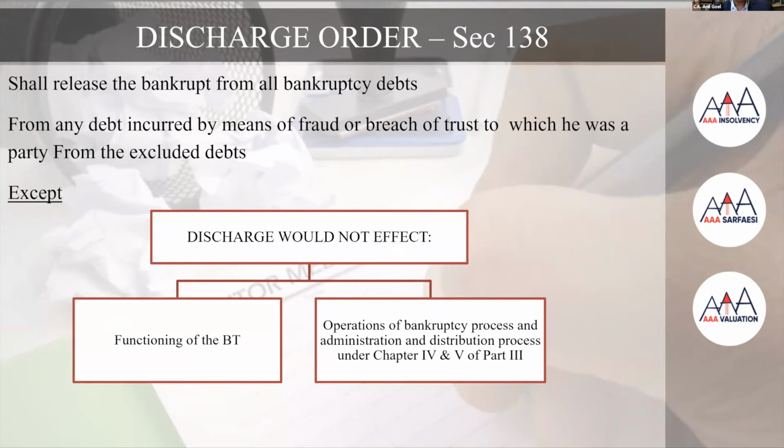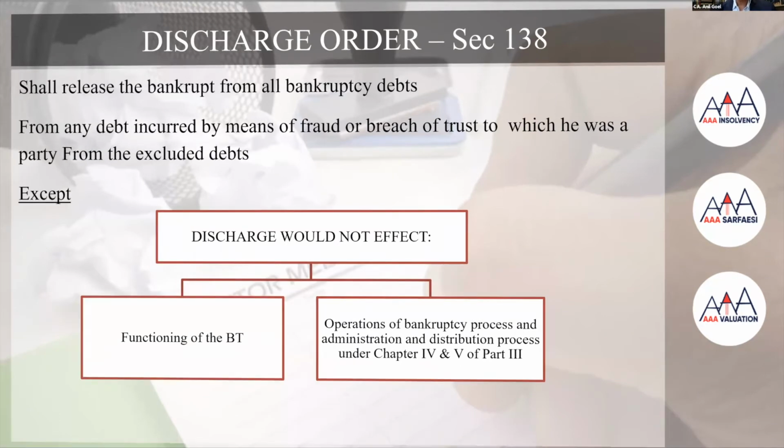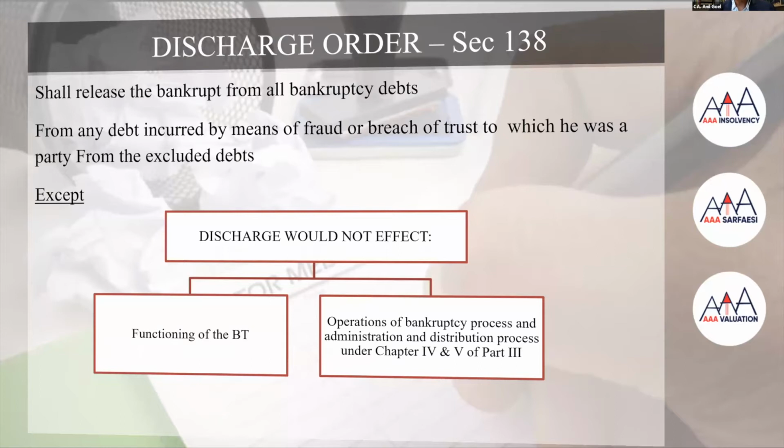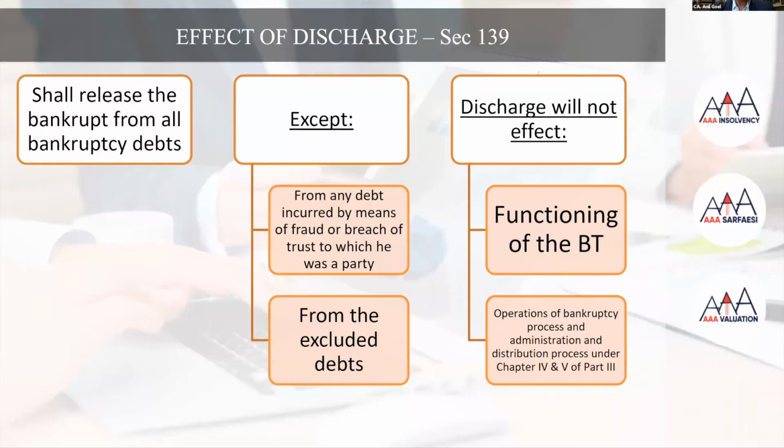But in case he does it in 5 years, he will have to apply for the discharge immediately on completion of 1 year from the BCD, the bankruptcy commencement date. So this is a very important part, and the difference in the effect of discharge under section 139 is that it shall release the bankrupt from all bankruptcy debts, except one, the debt incurred by means of fraud, and two, the excluded debts.